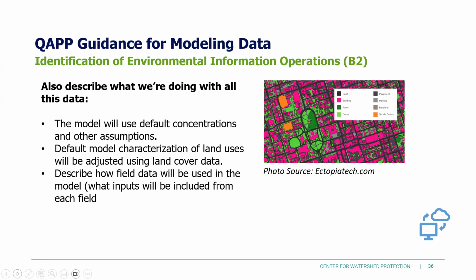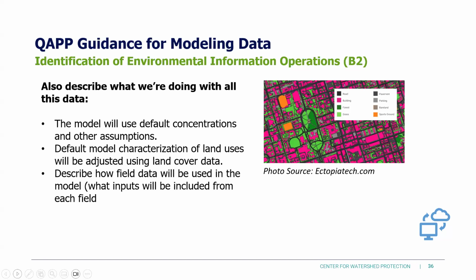So in this QAPP, we're going to describe how we used default concentrations, how we characterized land uses, and how we adjusted the land cover data. And that's kind of this section.